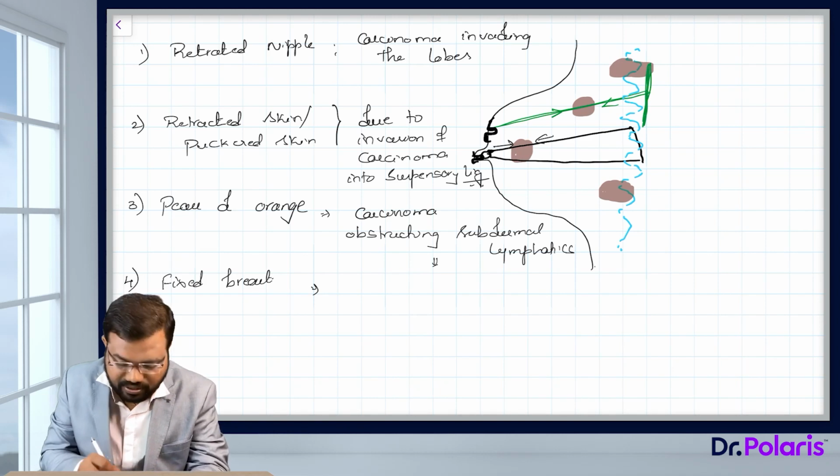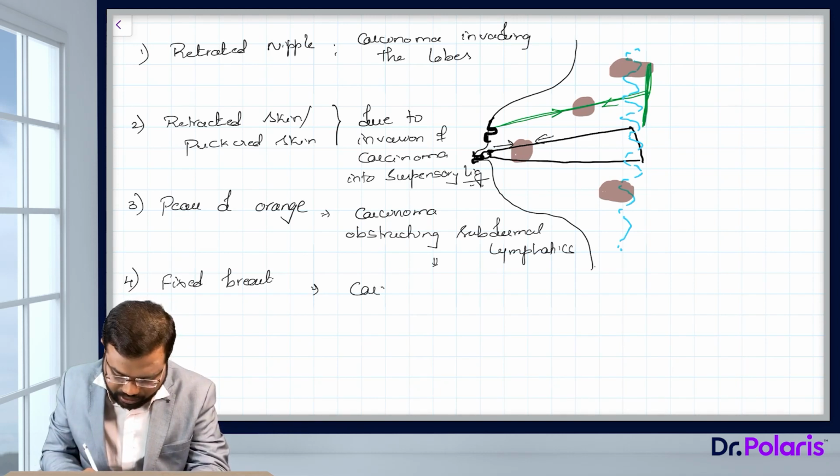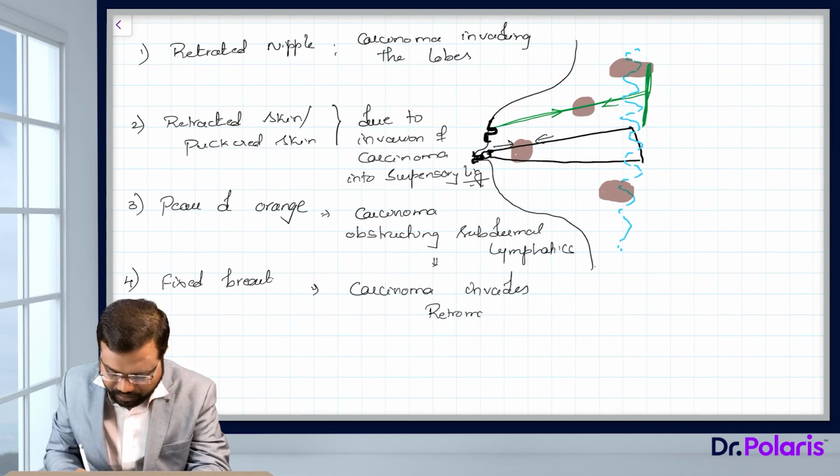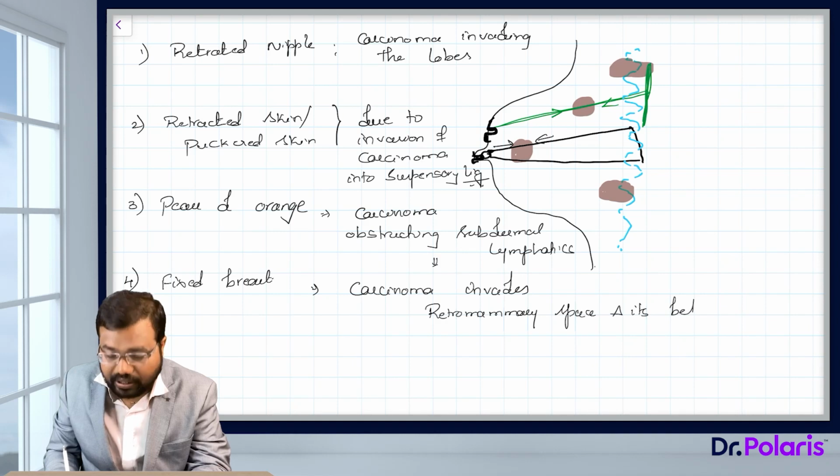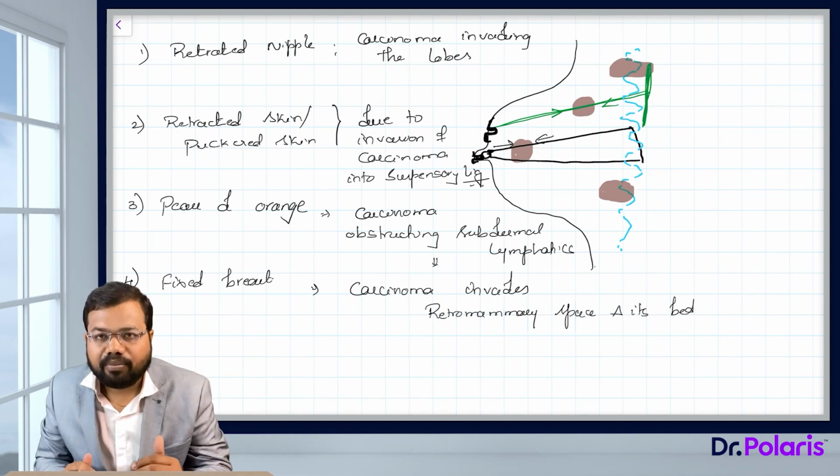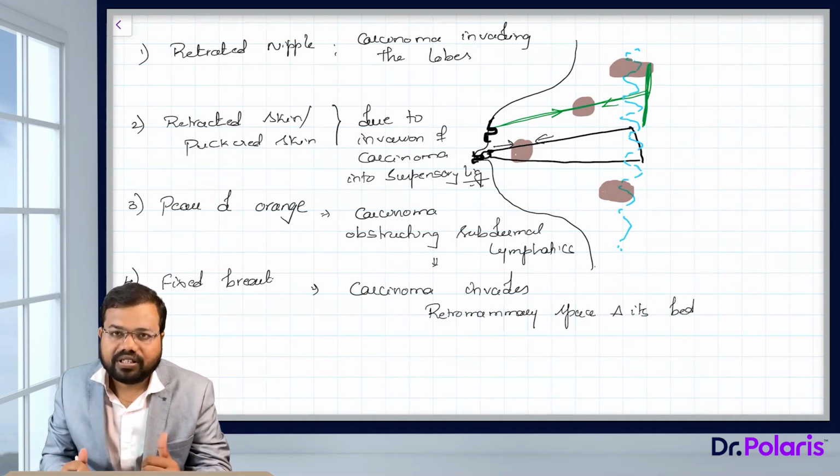No, that's called fixed breast. So if the carcinoma invades the retromammary space and its bed, there is a fixation of the breast. So this is the clinical anatomy related with this.